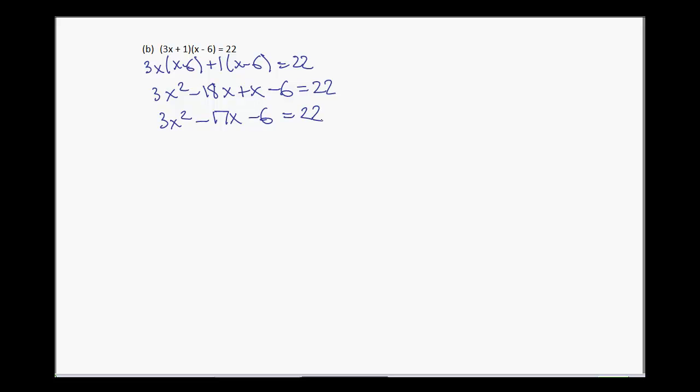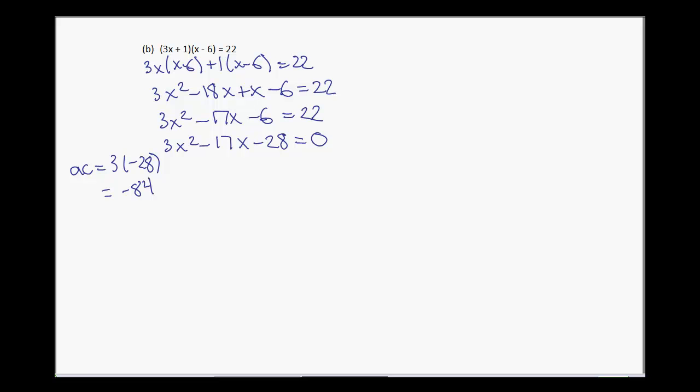But we need our equation set equal to 0, so let's move that 22 to the left-hand side, and we get 3x squared minus 17x minus 28 equals 0. Now we have a quadratic equation, so we can go ahead and factor using our AC method here. We have 3 times negative 28 here, which gives us a value of negative 84.